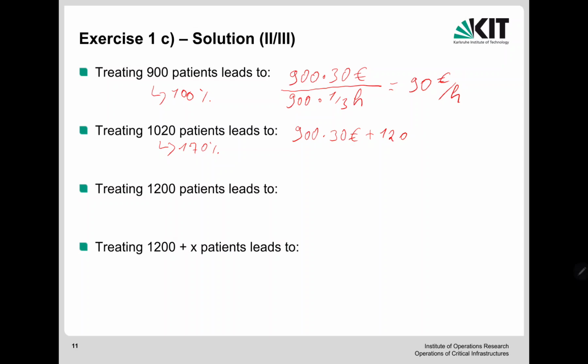So that means 120 cases multiplied by 22.50 euros, divided by 1,020, the 170% limit, and again multiplied by the 1/3 per hour, which means that she gets 87 euros and 35 cents.